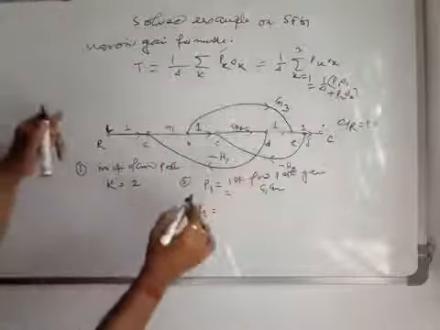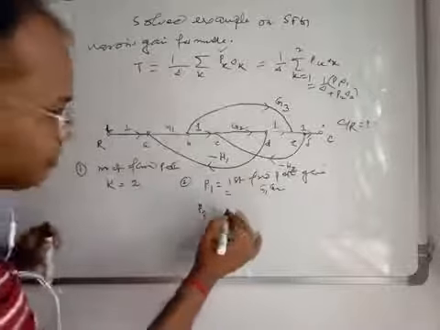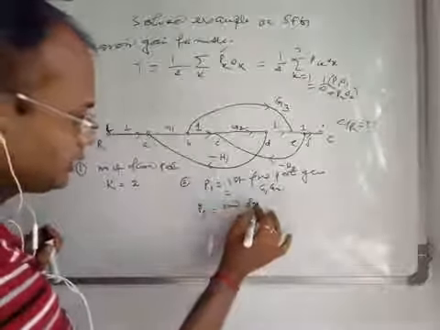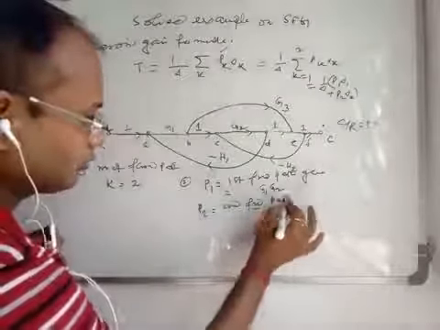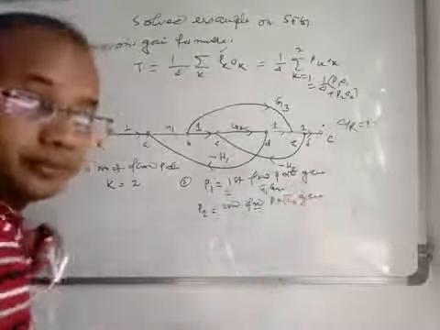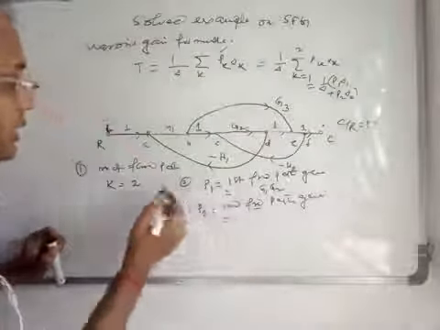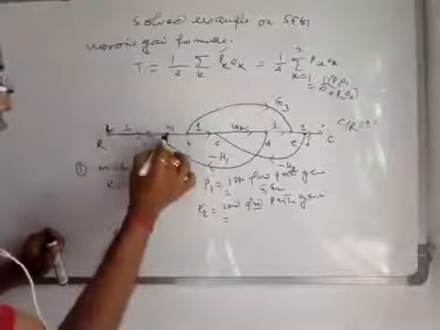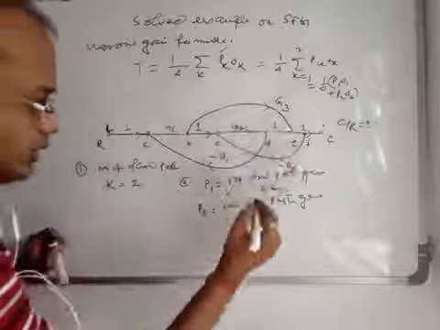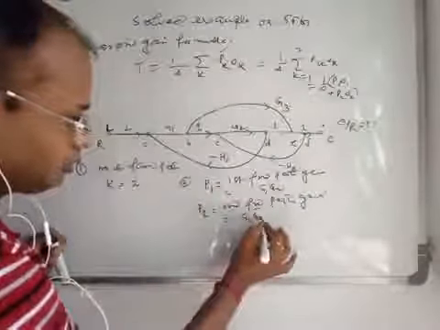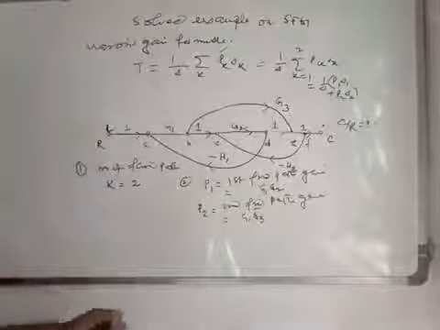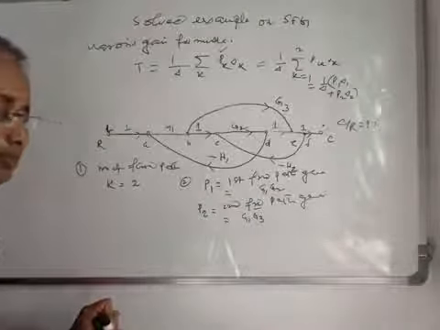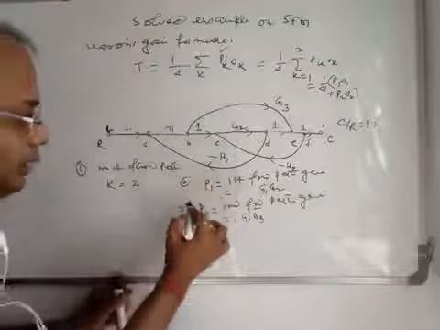What is the path gain corresponding to the second forward path? This is equal to 1 into G1 multiplied by G3. So G1 into G3 is the second forward path gain. So you get P1, P2.